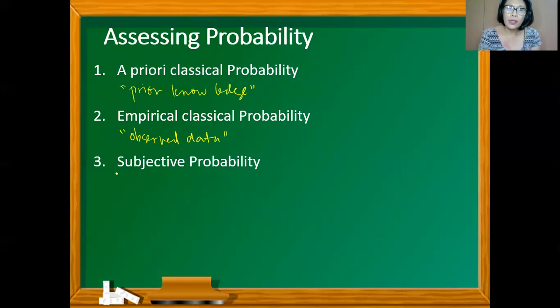Now, with subjective probability, this is biased because the probability is based on the opinion of the one working on the probability. Like, for example, a student was asked by his mother on his chance of passing statistics, and he confidently replied 100%, meaning that student is very much confident that he will pass statistics.